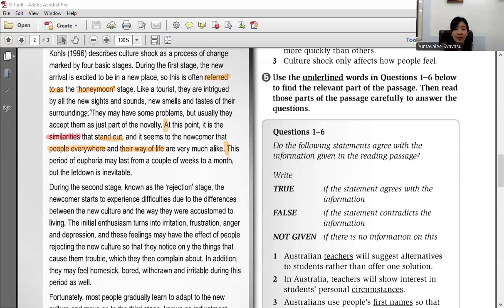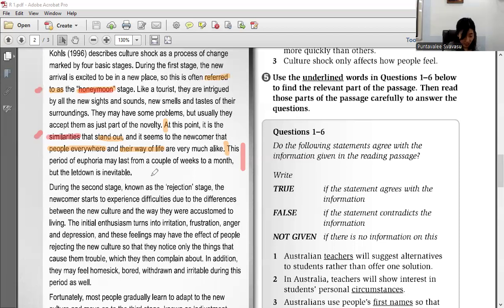So this is number 8. You will see this is 7, so honeymoon is here, 8. In IELTS I might think that 9 would be in this sentence because it's going to be in order, so 7, 8 and 9. I'm going to focus on this sentence right away. They may experience this stage, this period of euphoria, which may last for a couple of weeks to a month.